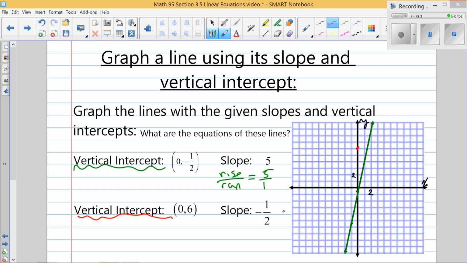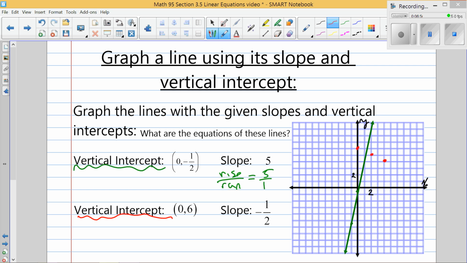From here, I'm going to find the slope of negative 1/2. This means I'm going to go down 1 and to the right 2. So from this point, I'm going to go down 1 unit and to the right 2 units. Alternatively, I could go up 1 and to the left 2 units, because that would be negative in the x direction.